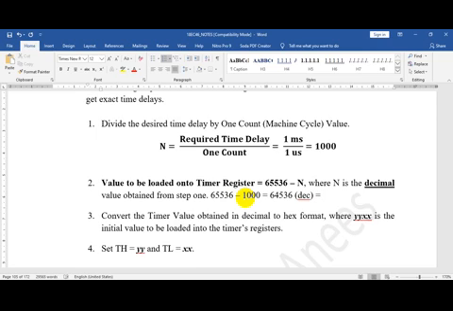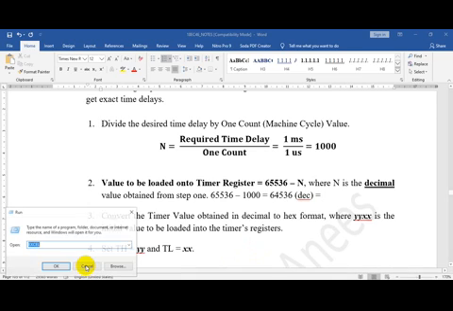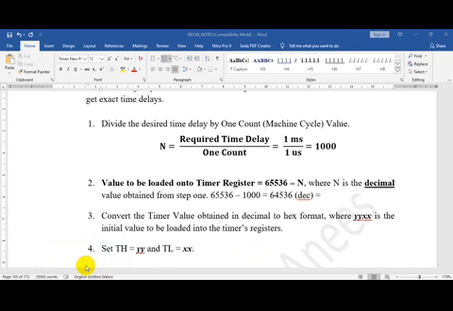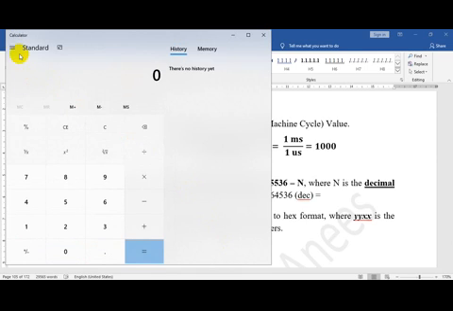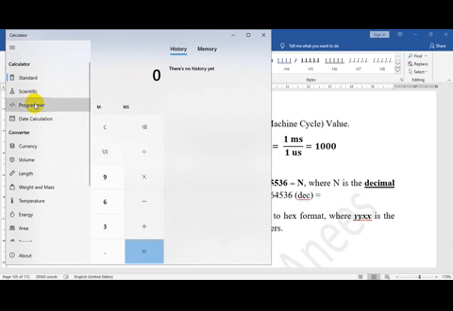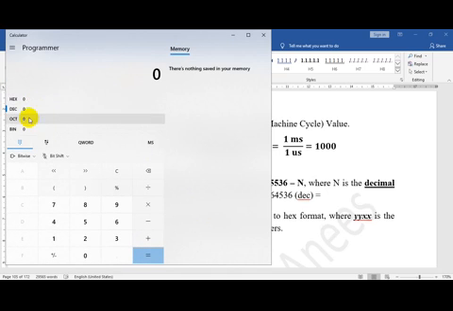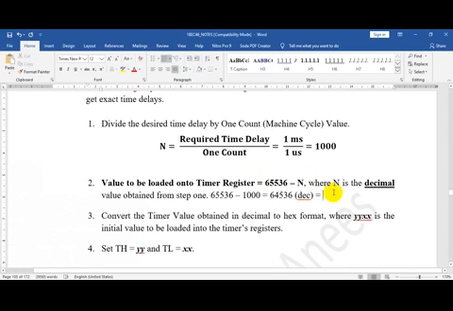If you convert this to hexadecimal, 64536 in hexadecimal is FC18H.